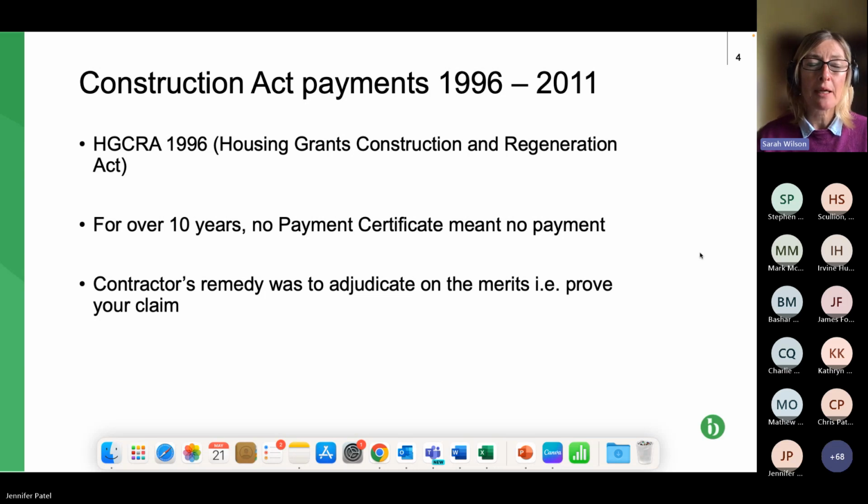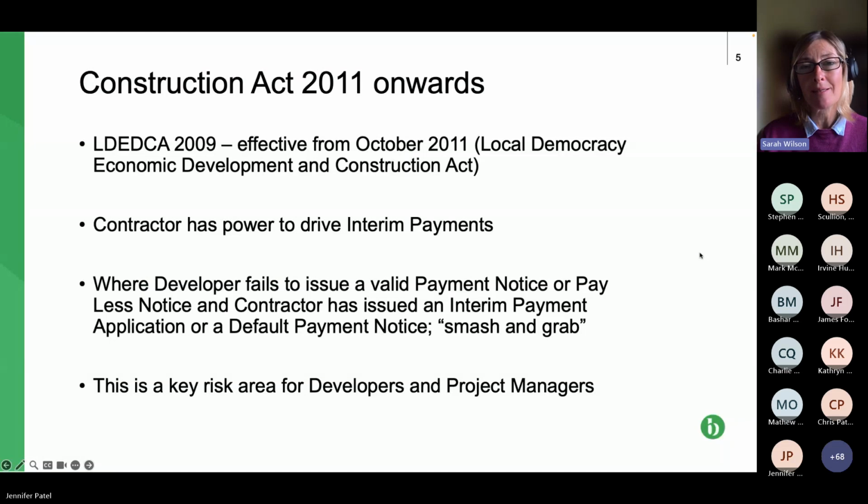So then if we can have the next slide, in 2011, the Act was amended. The Act that amended it was snappily titled the Local Democracy, Economic Development and Construction Act. And one of the main things here was to change this interim payment process.